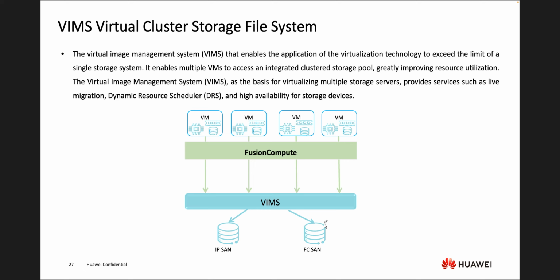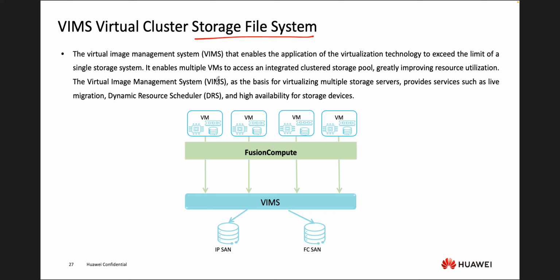When you look at the storage system now, which is called Virtual Image Management System, or VIMS, this is basically how it creates this whole file system where you mount your VMs and so forth. So the virtual image management system is this cluster file system that stores all the formatted files accessible to be used.